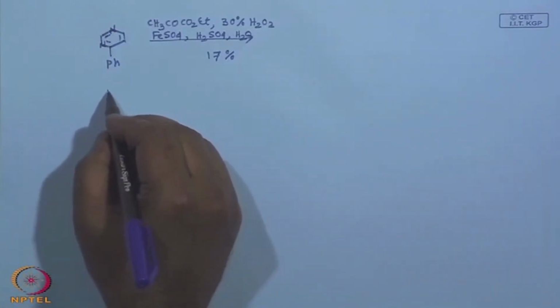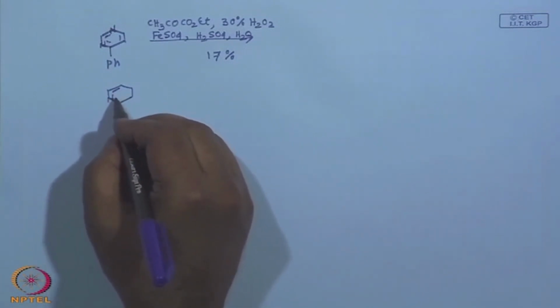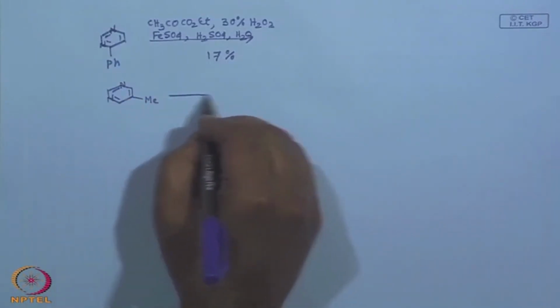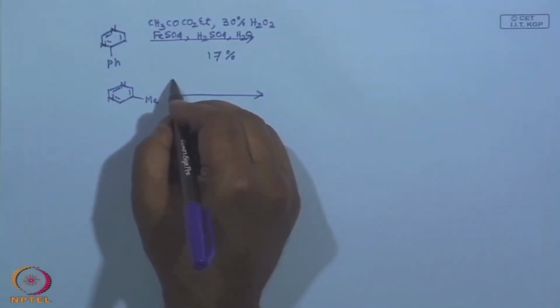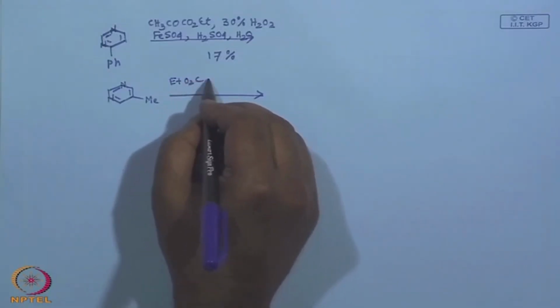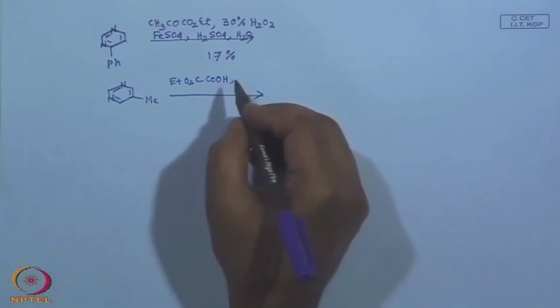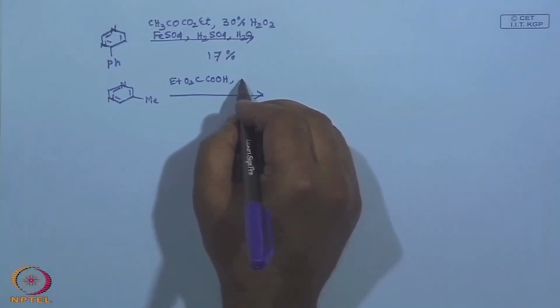Take another example very similar to the one I wrote. Once again, this is a pyrimidine, but a methyl substituted one, and the reaction conditions are quite similar. It is EtO2C, and I think all of us know what it is, ethyl glyoxylate.